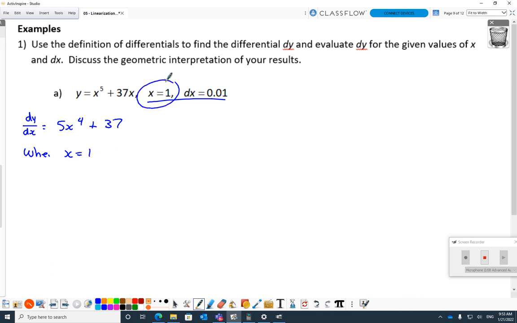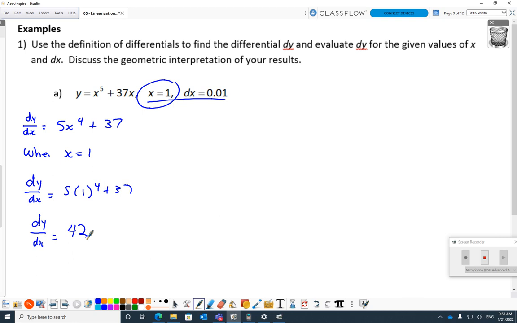When x equals 1, dy by dx equals 5 times 1 to the power 4 plus 37. dy by dx equals 42. You should be completely unimpressed by now. You're like, isn't that like day 1 of derivatives? Take the derivative and sub in x equals 1. You haven't done anything yet.